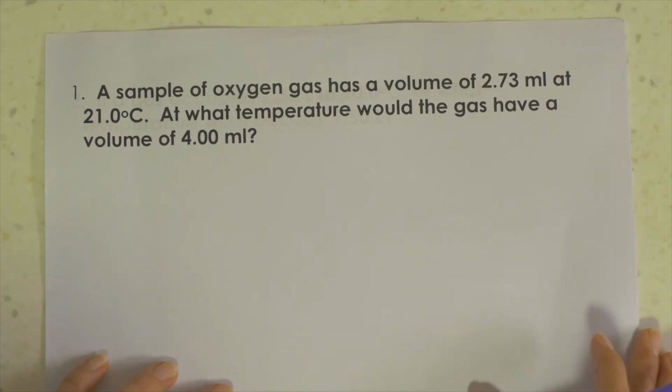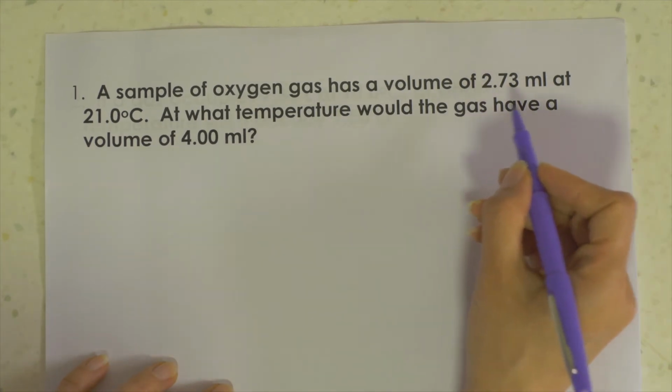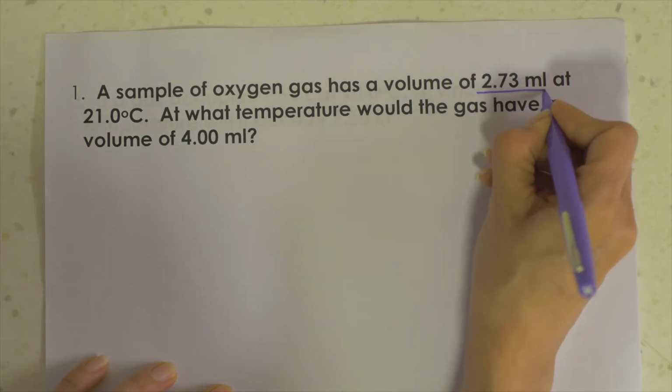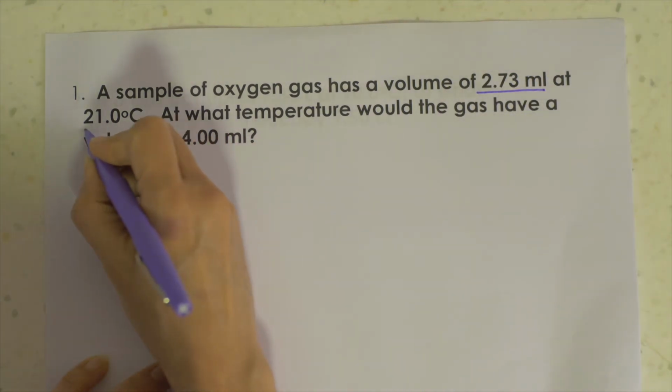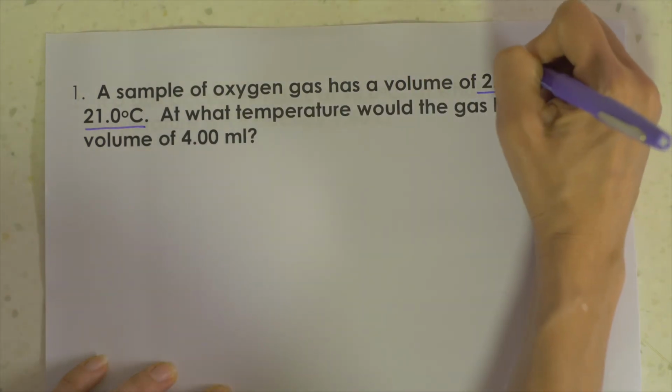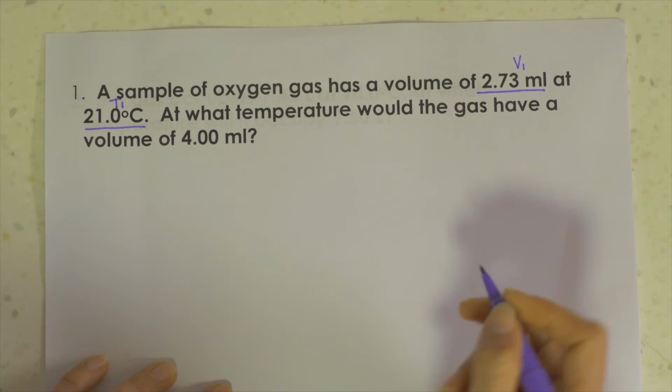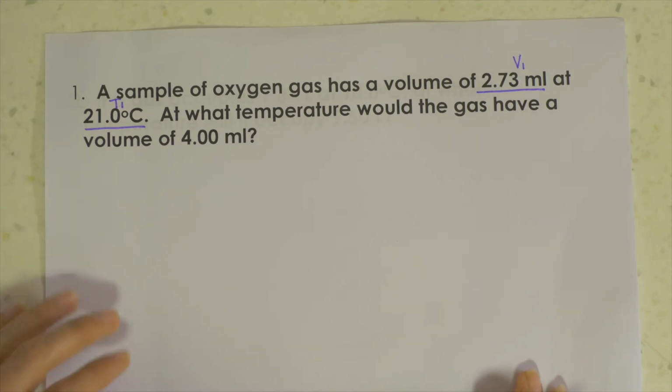A sample of oxygen gas has a volume of 2.73 milliliters at 21 degrees Celsius. So this is our V1, and this is our T1. Now notice for our temperature here that it gives me the temperature in Celsius, and that's not what we want to use.